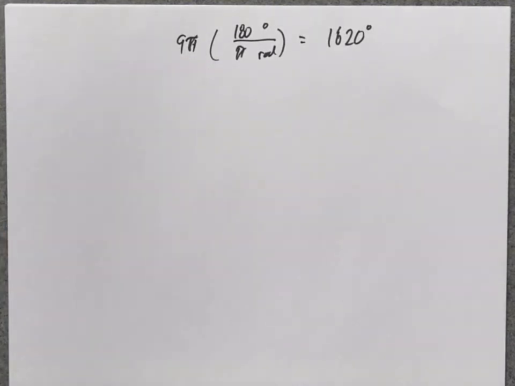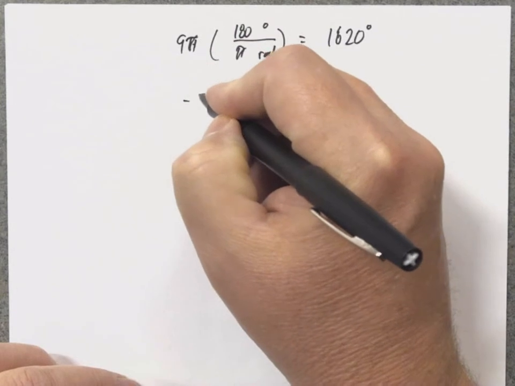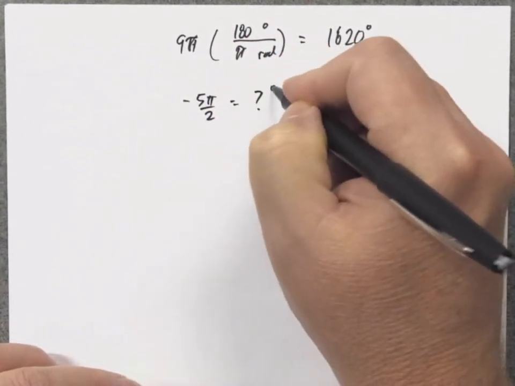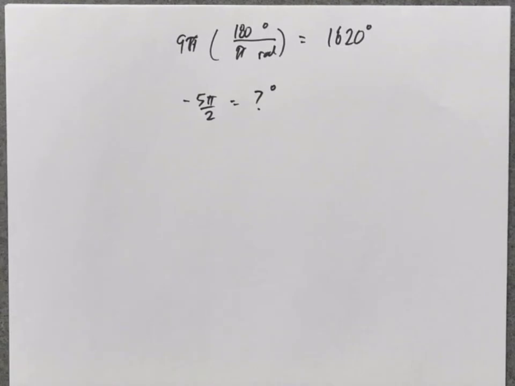And then the last one of these, which let me go and do it just because it gives us a chance to explain another important principle that's important to know. They wanted you to convert negative 5 pi over 2 into degrees. So what does it mean when you have a negative angle?